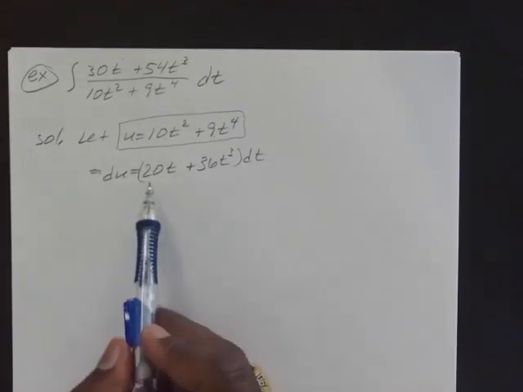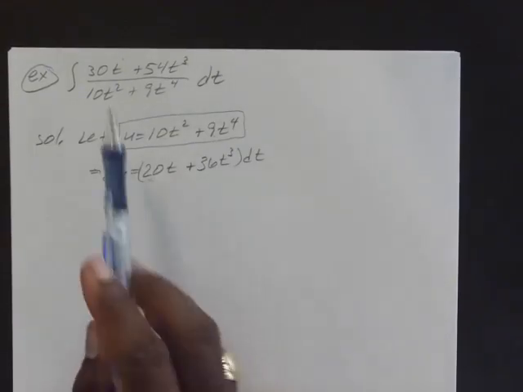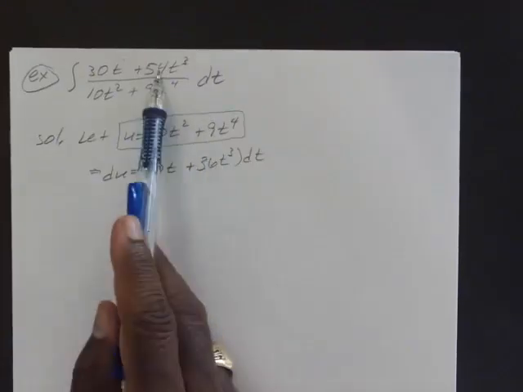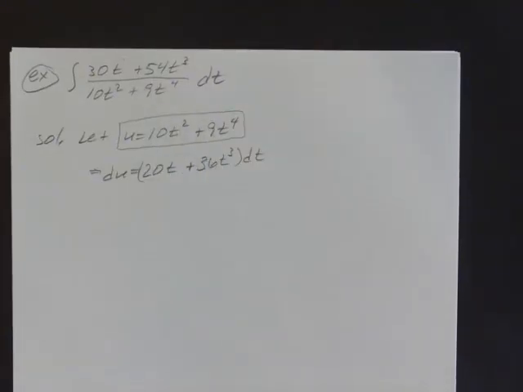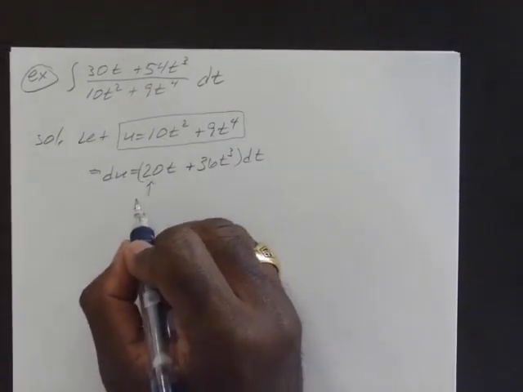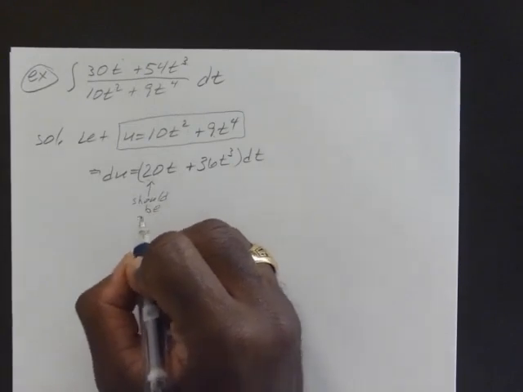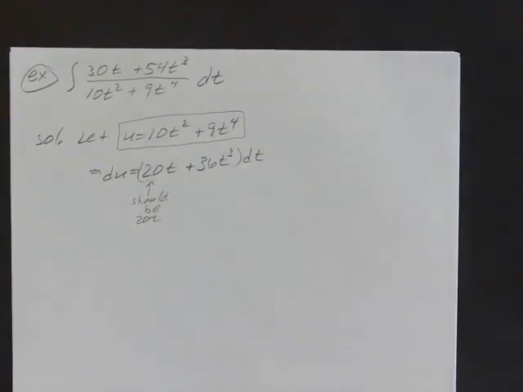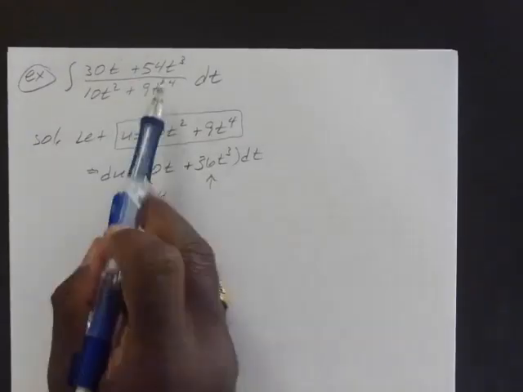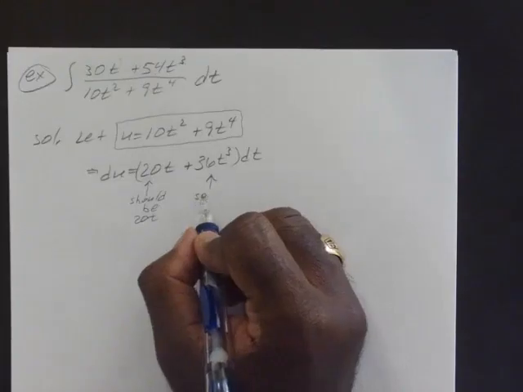Okay, so we can see here we can't factor out any value to magically make 20 equal 30 and 36 equal 54. But we can still solve it. All we have to do is realize that this should be 20t, and this should be 54t to the third.